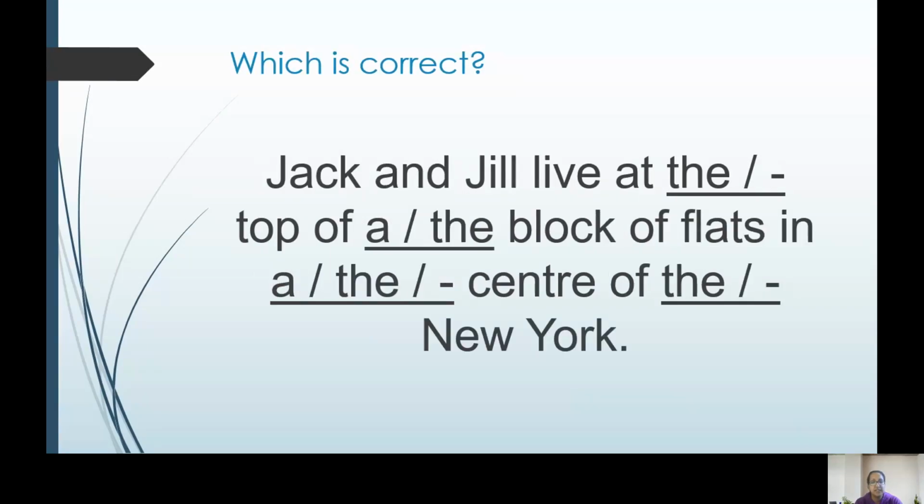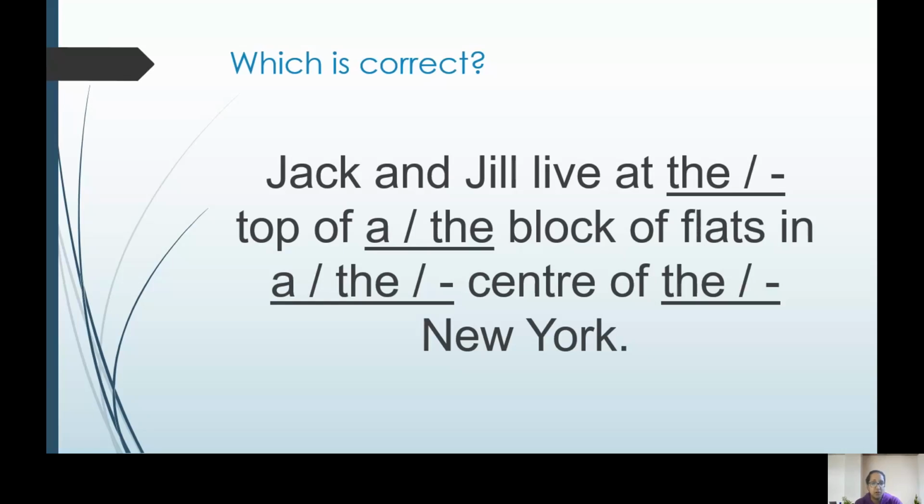Which is correct here? Jack and Jill live at the or nothing top of a or the block of flats in a, the or nothing centre of the or nothing New York. Well, they live at the top because there is only one top of a block of flats.